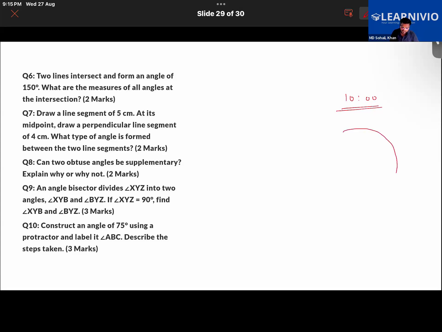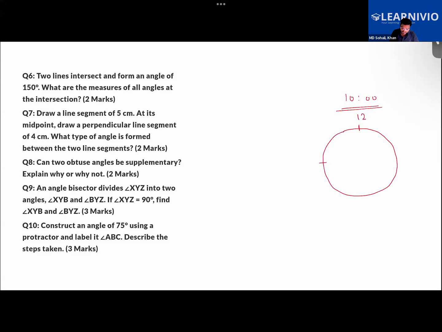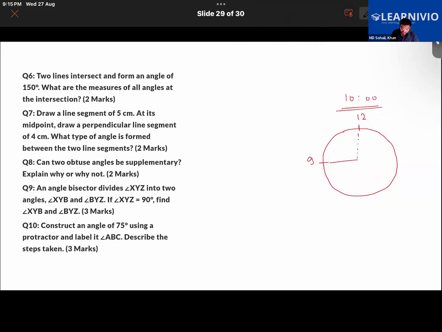See, when we are talking about 10 o'clock, that is 12. This is 9. Say that if the time is 9 o'clock, the hour hand is over here and the minute hand is over here. So a 90 degree angle is made, right?